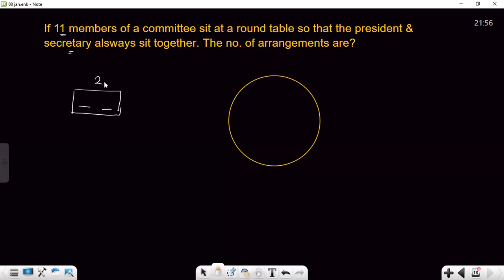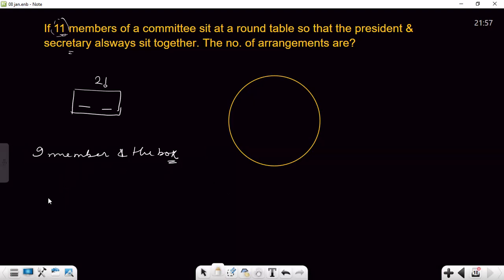So 2 factorial is the number of ways to arrange them inside the box. If we have already made president and secretary sit in a box, then how many are left? 11 minus 2, 9. So 9 members and the box. Okay. So in total, 10 people are needed.